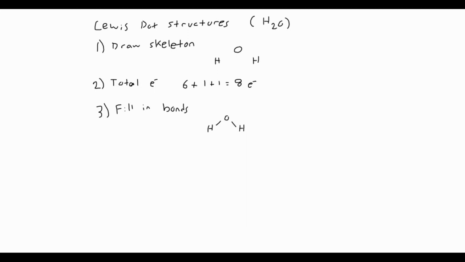And how many electrons does that leave us with? So we started with 8 electrons. Remember, bonds are electron pairs, so we have 2 electrons for each bond. We just used 4 electrons total. We have 4 electrons left to use.